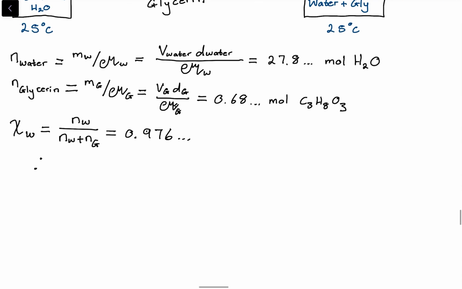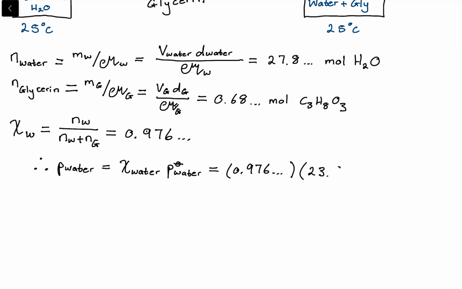And therefore, the vapor pressure of water in the mixture, after the mixing, is equal to the mole fraction of water, 0.976, multiplied by the vapor pressure of water when there's no mixing, 23.8 torr.